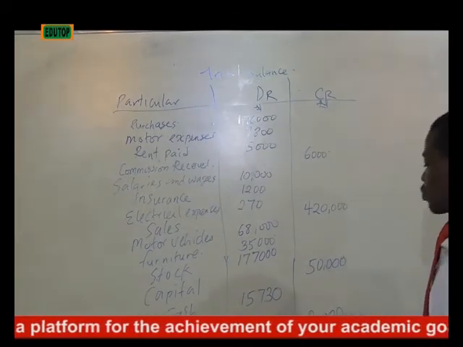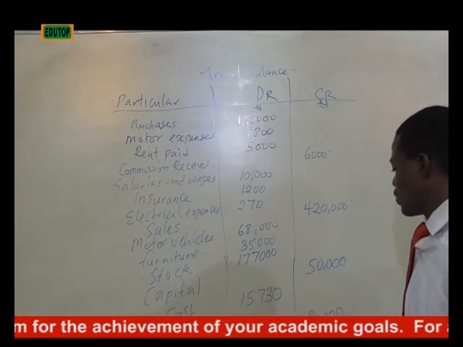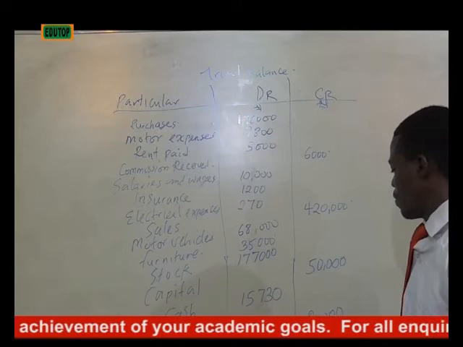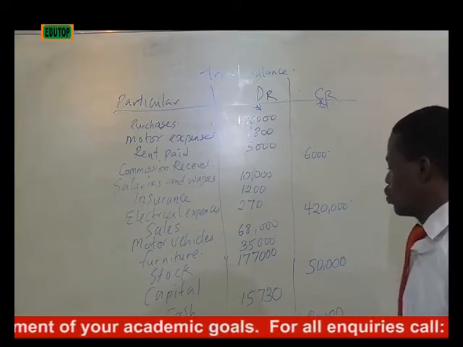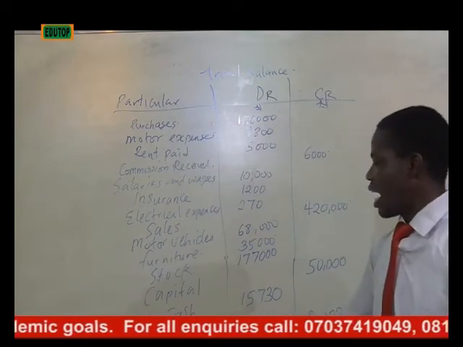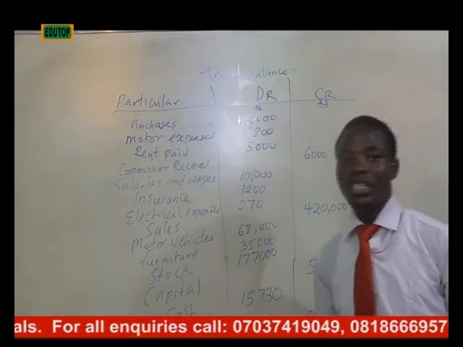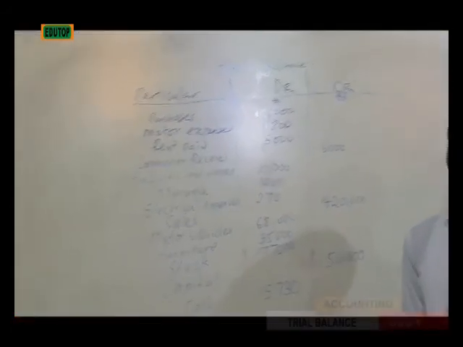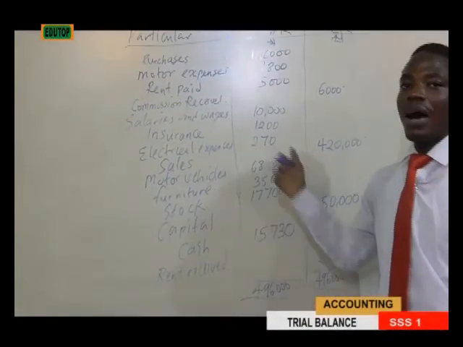Then the same thing applies to the credit side. You see that you get the same. So in doing this, you see that the arithmetical accuracy is correct. So that is how we get our trial balance.